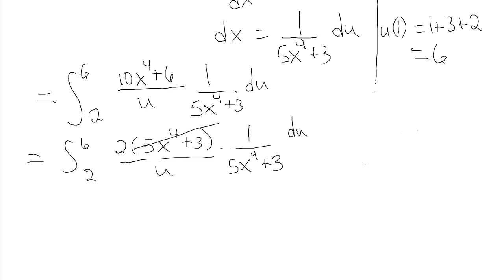And so now those 5x to the 4's plus 3's cancel, so that gets rid of all of our x's. I'm going to pull out that 2 in front of our integral, so we have 2 times the integral from 2 to 6 of 1 over u du.